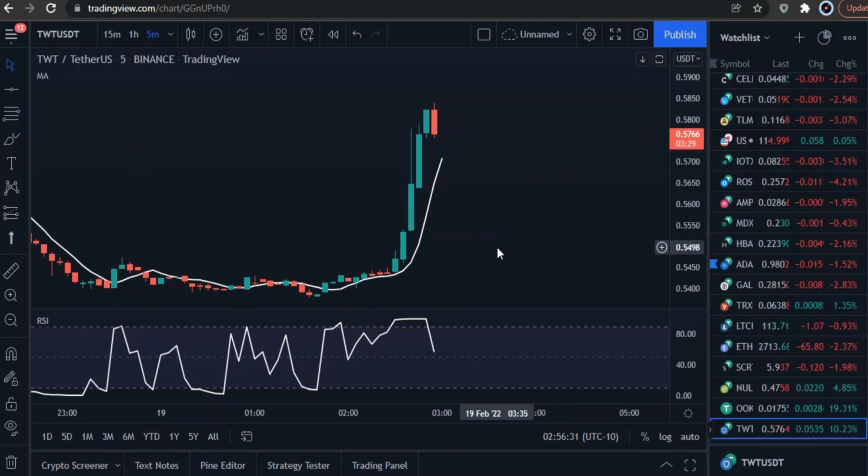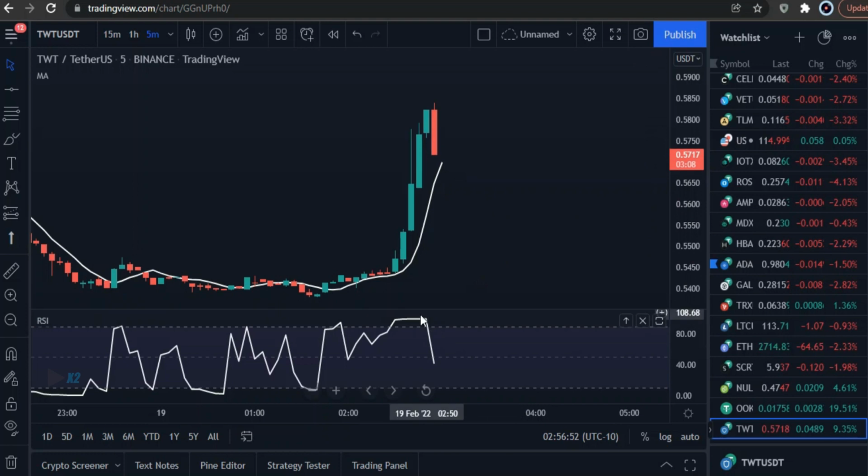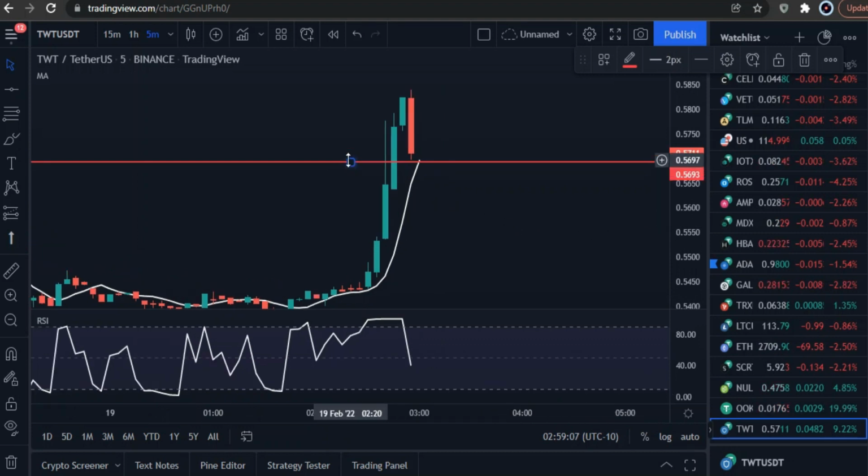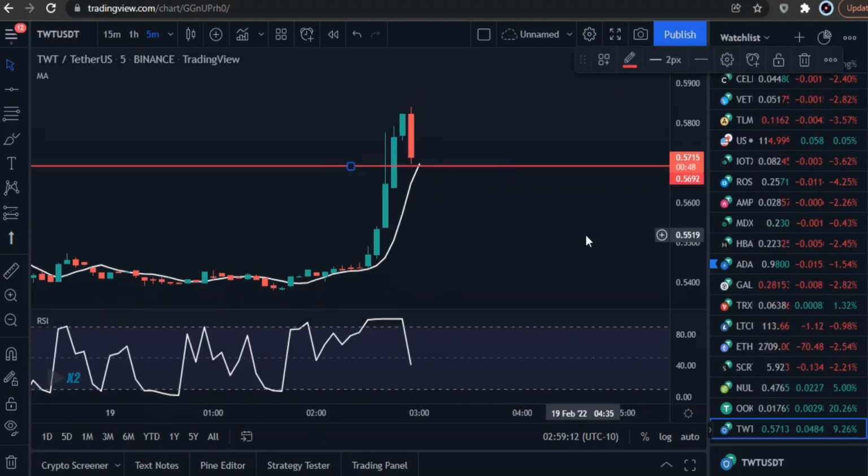But let's speed up the video a bit. Well, here's the last minute, let's draw the horizontal line. All we have to do now is wait for the last 10 seconds.